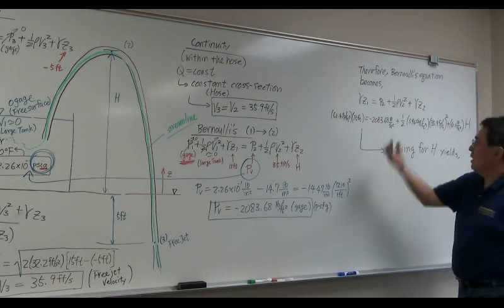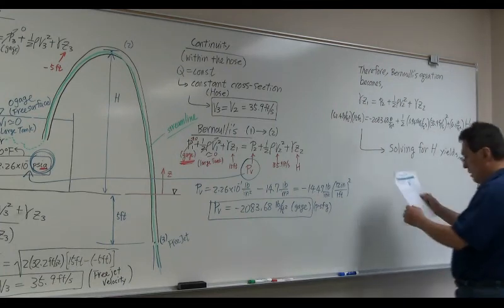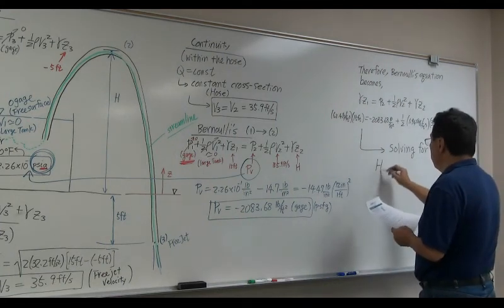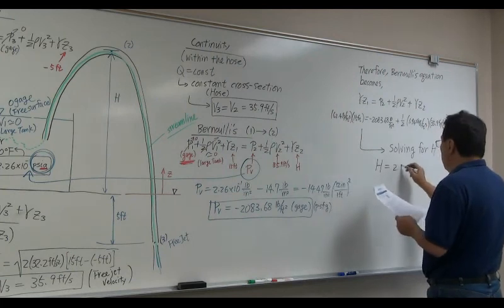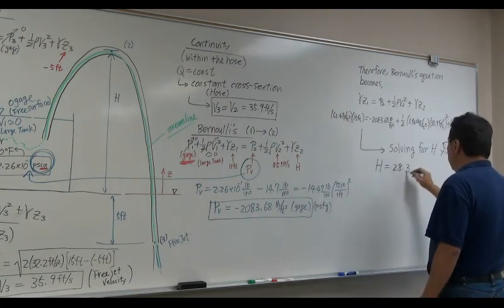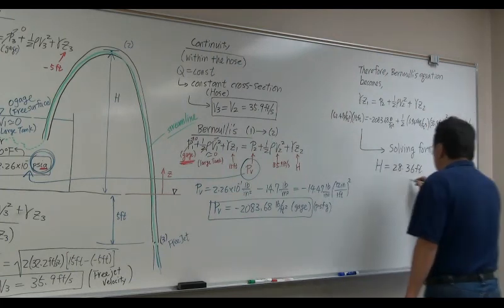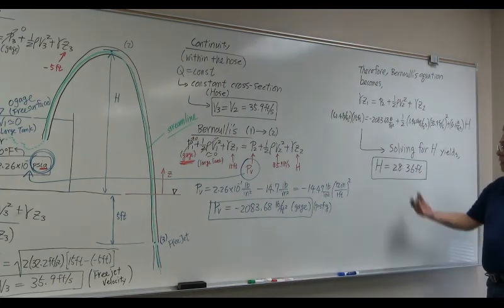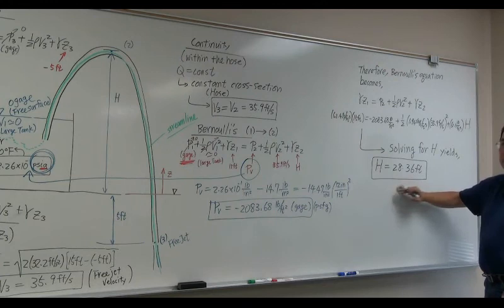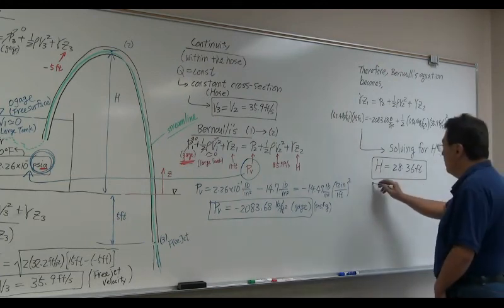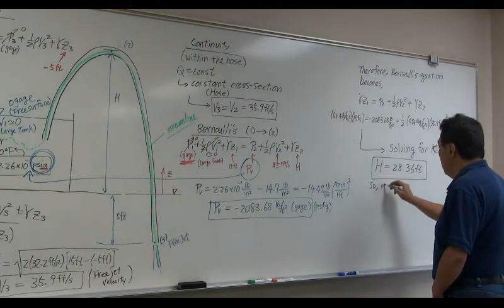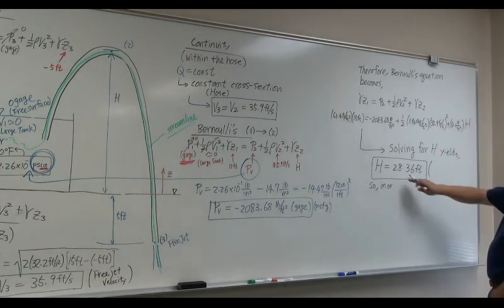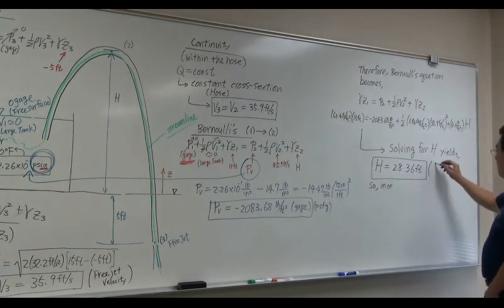So if you pick up your calculator and solve this for H, H is equal to 28.36 feet. But wait a minute. This is not the maximum. The maximum elevation is slightly lower than that. If you go for this much height, cavitation happens.